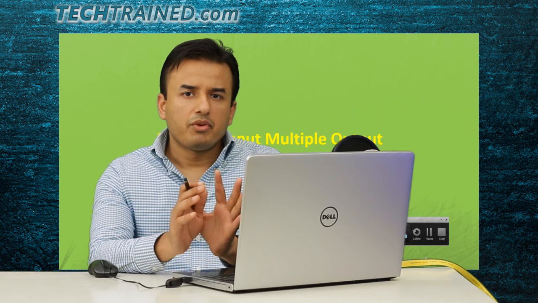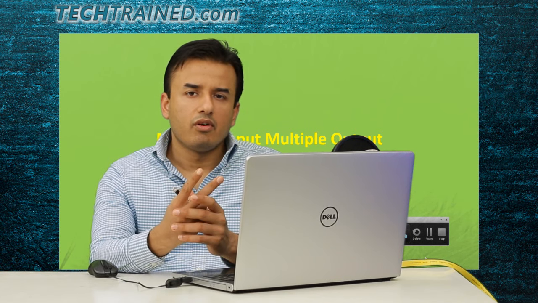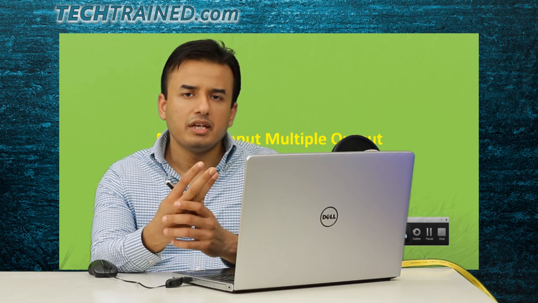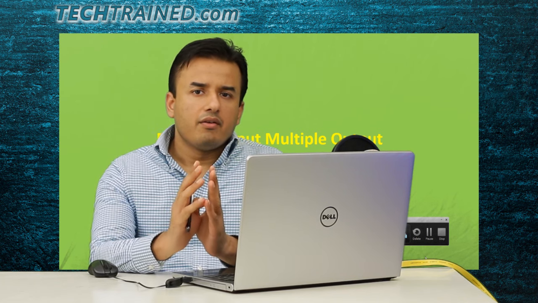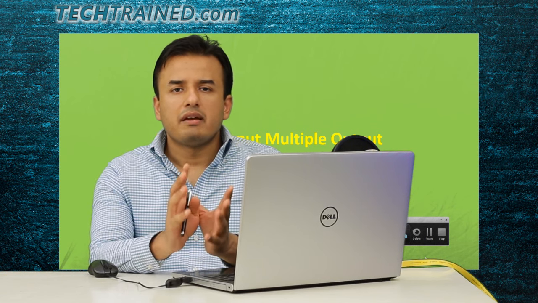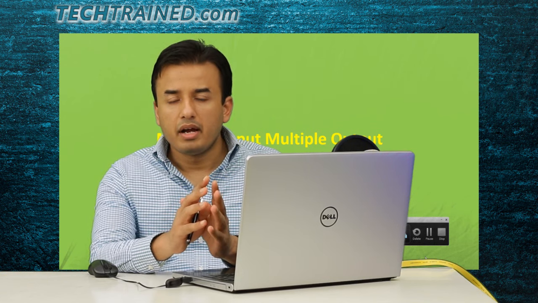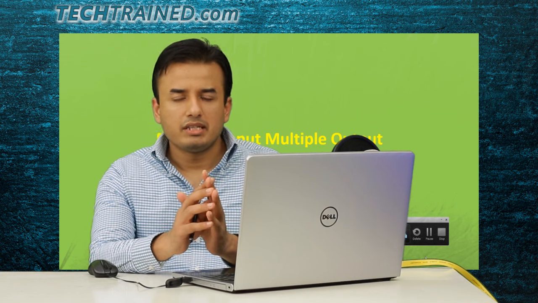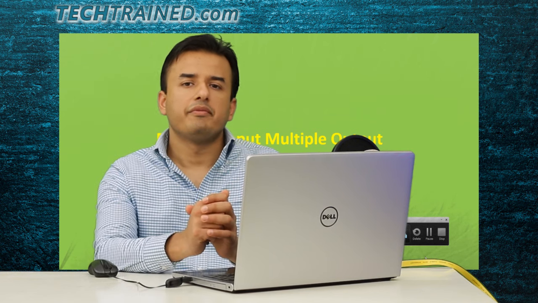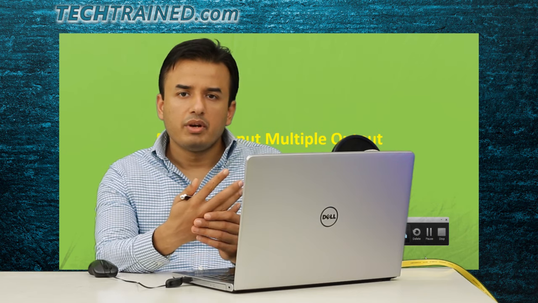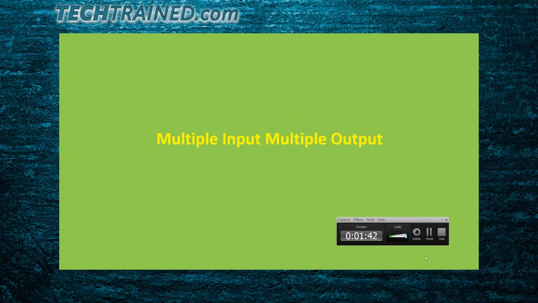So I'm going to discuss three schemes for multiple antenna schemes, and then after that we will learn certain definitions related to MIMO, and then we will see how different coding, precoding, closed loop spatial multiplexing, open loop spatial multiplexing, and other different schemes work. So with that being said, let's get started with the MIMO scenario.